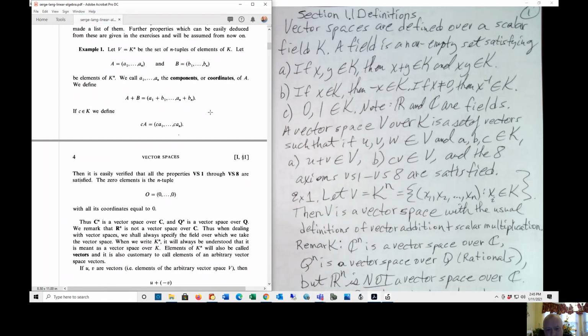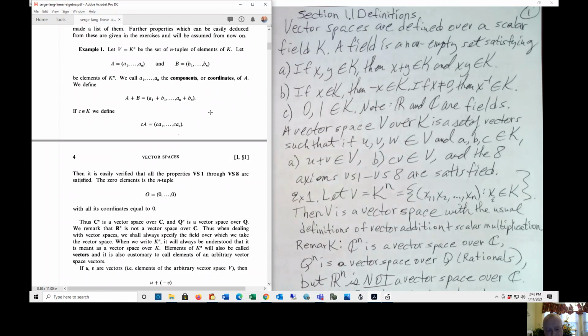As you note here, if you have two vectors A and B in Kn, A1 through An and B1 through Bn, we call those the coordinates or the components of A, and we define vector addition component-wise by adding the corresponding coordinates, and scalar multiplication, we multiply a vector by a scalar by multiplying every component or coordinate by that scalar.